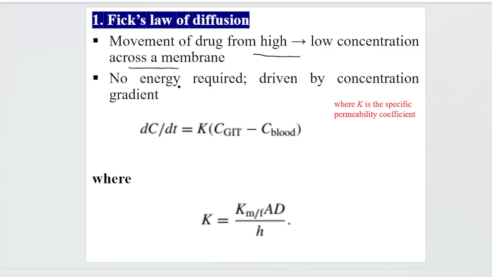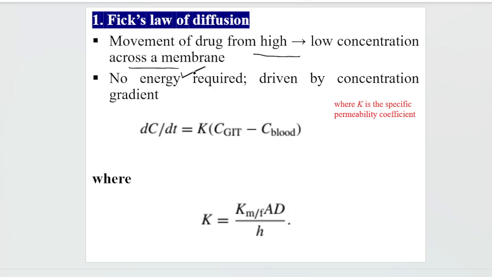So it simply means that when you take the drug orally, or by intramuscular or any extravascular route, the movement of drug involving passive transport is always from the higher concentration to the lower concentration.